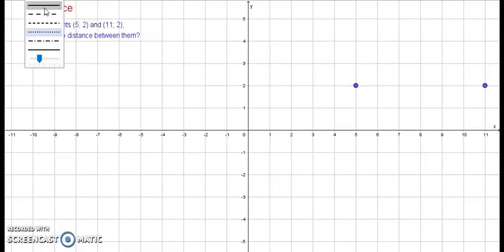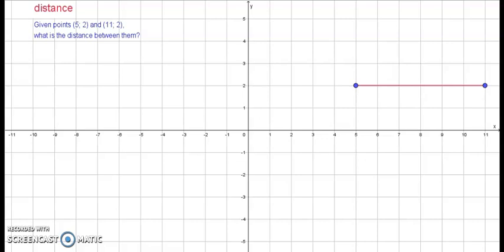We're asking ourselves how long this line is, and that's easy enough to see because it's perfectly horizontal. We can just count the blocks here. So there's 1, 2, 3, 4, 5, 6. So 6 units. That's how long this line is.